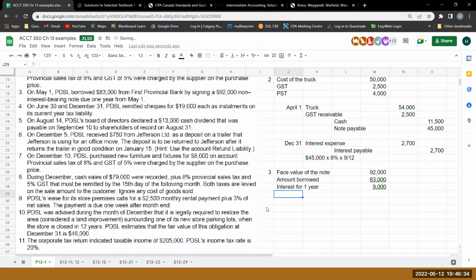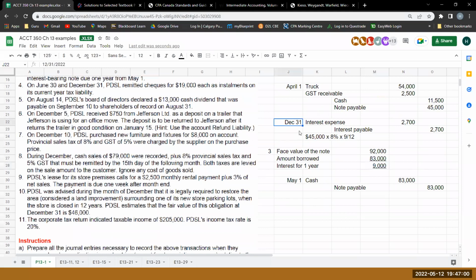Now, on the 1st of May, the company only got $83,000 of cash, debit $83,000 cash, and credit note payable for the $83,000. So keep in mind, we are going to have to record a total of $9,000 for interest.